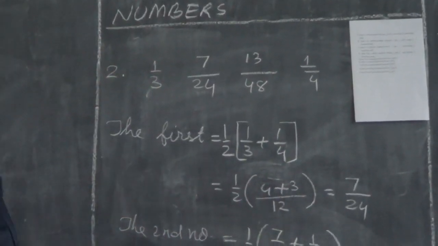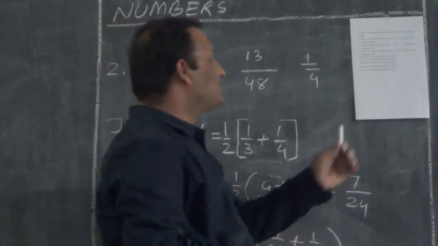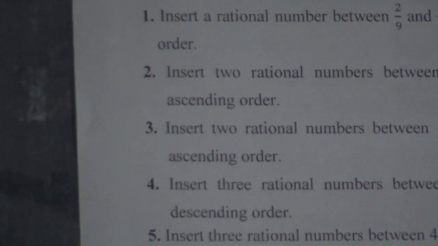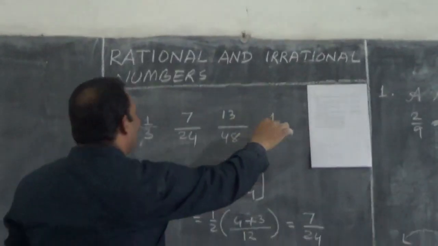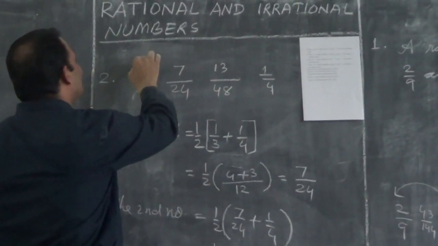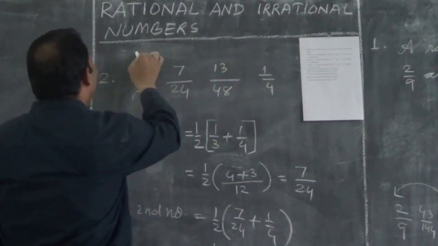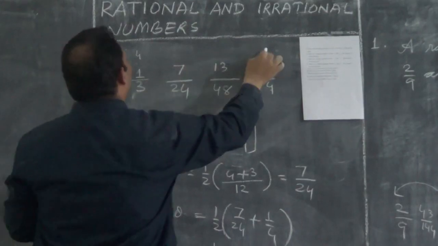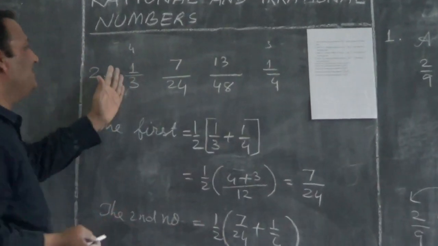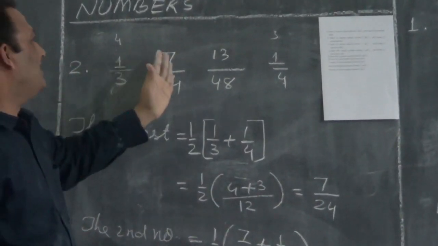Now we have to arrange it in some order. We have to arrange it in ascending order. Now you see, 1 into 4 equal to 4, and here 3 into 1 equal to 3. This is in descending order now.